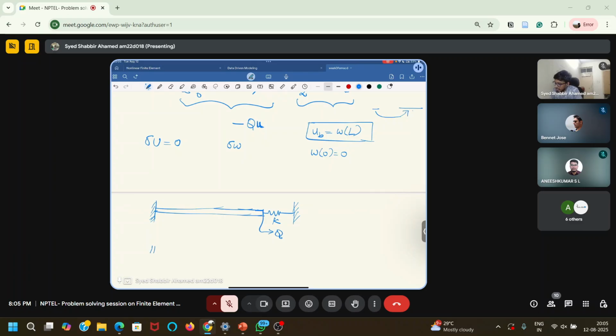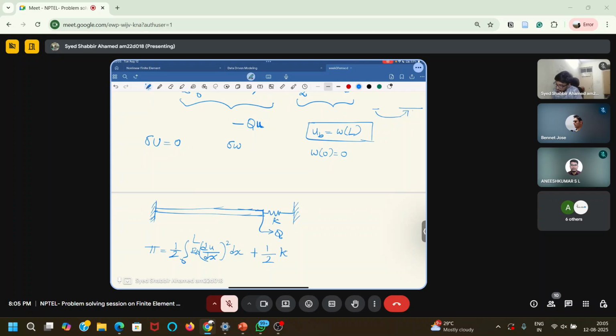So now I can take the total potential energy as half into integral 0 to L, let's say I'll take u only here, EA into du by dx squared, plus the spring.